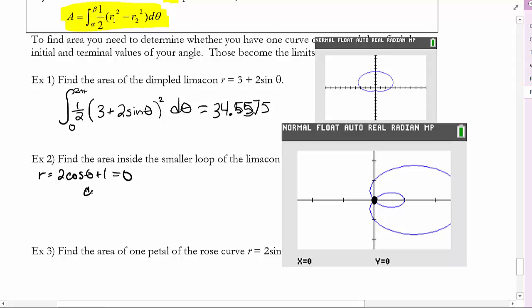So if I set that equal to 0, I have cos theta equals -1/2. And then because I know my trig equations, I know that the reference angle is pi over 3, but I need to be in quadrants 2 and 3, which is going to make this 2 pi over 3 and 4 pi over 3.